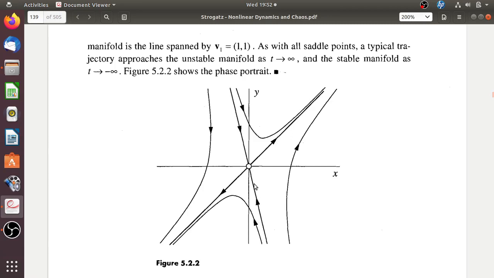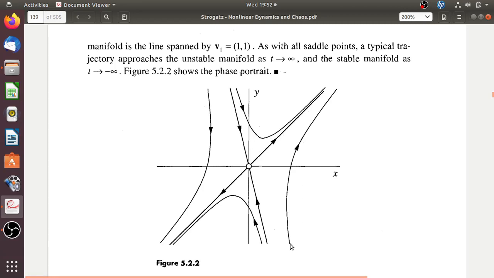And if I start in this region, since the initial condition is very near to this manifold, it will behave more like this one until it reaches here, and then it will start behaving like this one, and the same goes for this one.